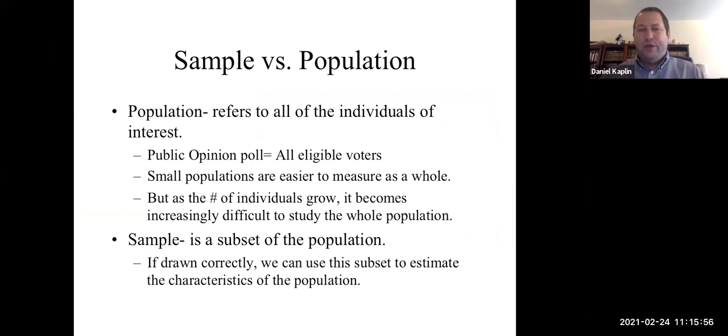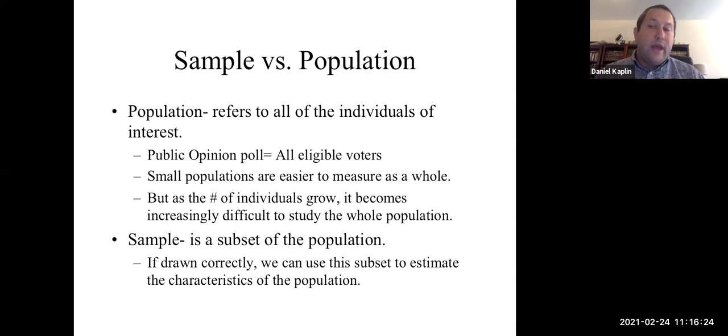So if I were to define my population as all students in my research methods class, well, that population is easy to attain, right? However, as the population increases, it gets harder and harder to access the whole population. So let me show you what I mean.